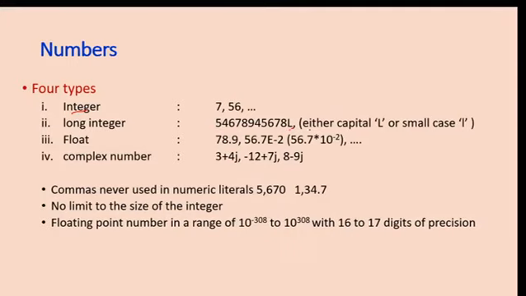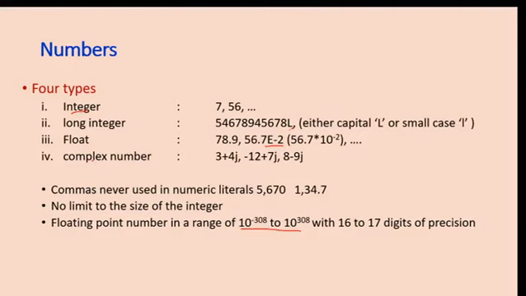L indicates long integer. And for float values, you have to specify values with a decimal point. The range of values supported in Python is 10 power minus 308 to 10 power 308 with 16 to 17 digits of precision after the decimal point. This can be given in exponent form also.